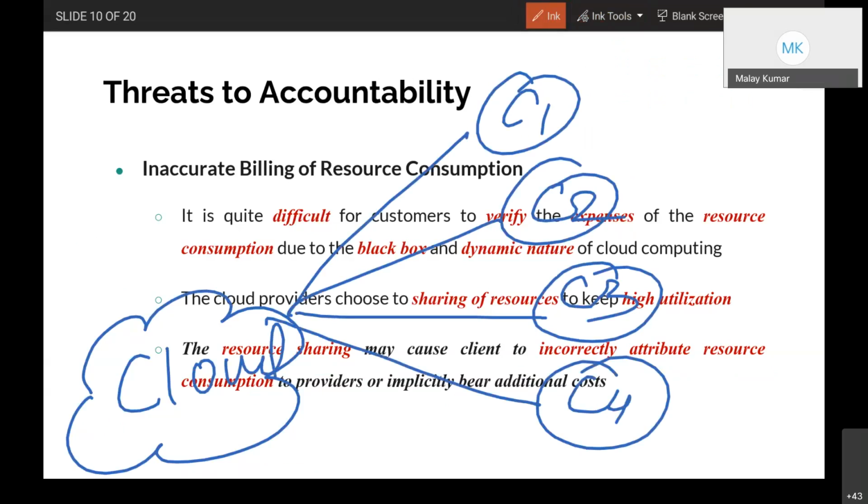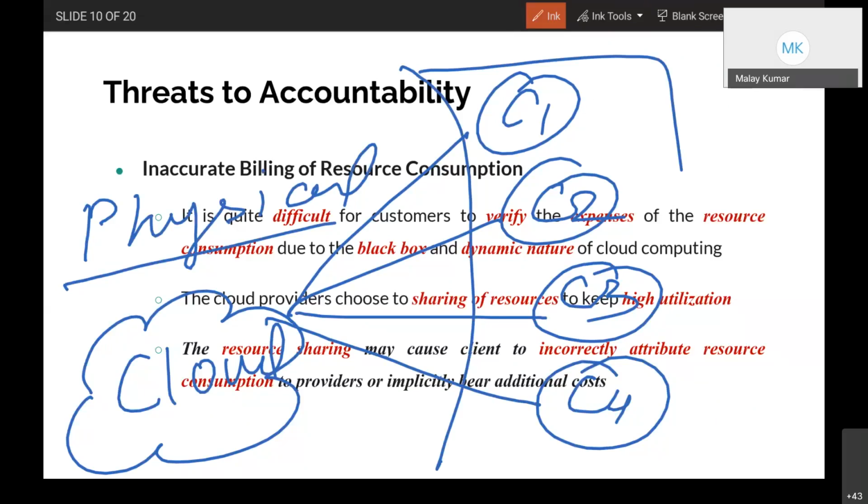The physical machine is the same machine where all these virtual machines are executing simultaneously. So it becomes very cumbersome to perform clear-cut accounting to identify which client is consuming what amount of service for a time period of T1 to T2.